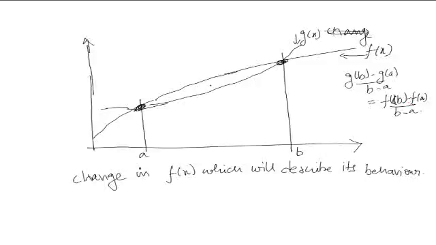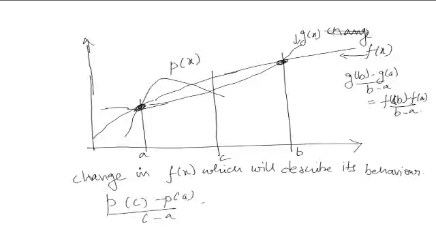So we took another point C, but one more fellow came and constructed a function like this called p of x, such that p of c minus p of a by c minus a is equal to f of c minus f of a by c minus a.